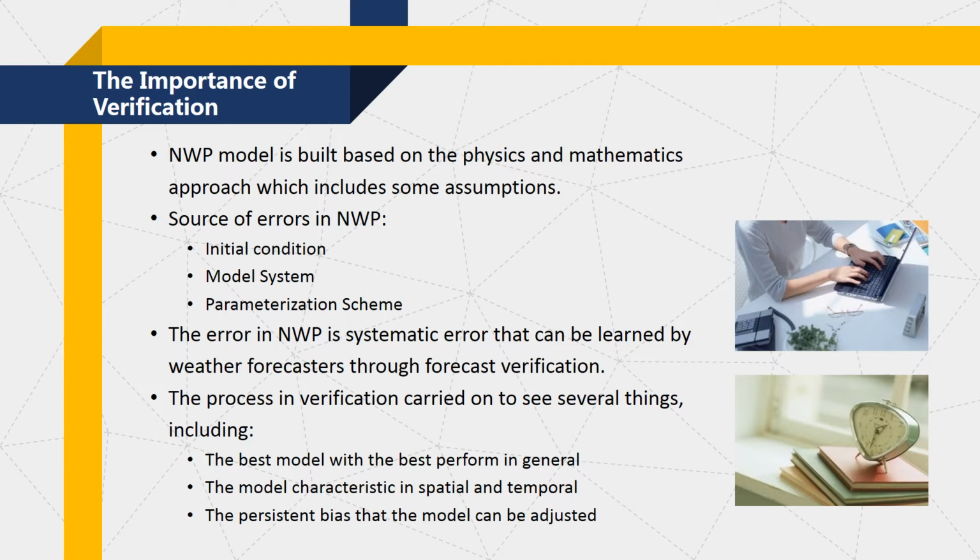And the last objective is the persistent bias that the model can be adjusted for. So if we are going to build a verification system, these three objectives have to be identified at the end.